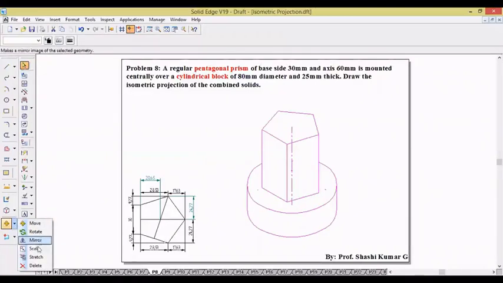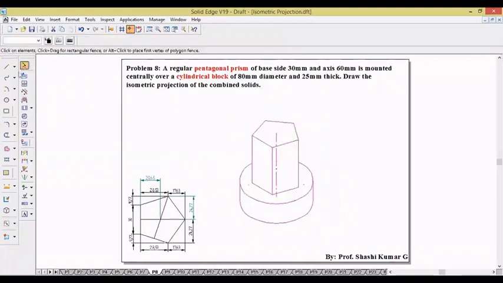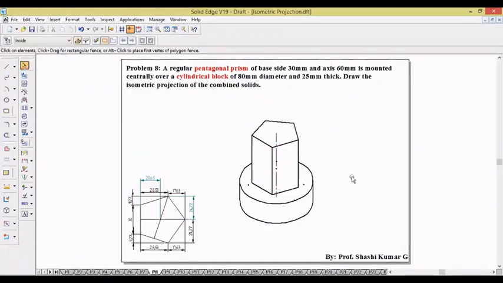Take scale, give 0.8164 as the scale factor and make it thick 0.5 mm, but the axis will be thin only, so 0.13. So this is the solution for example problem number 8.